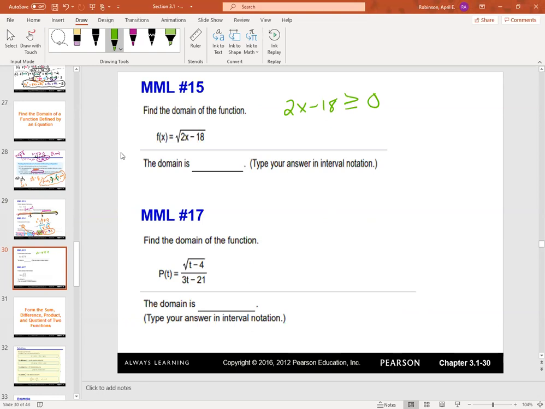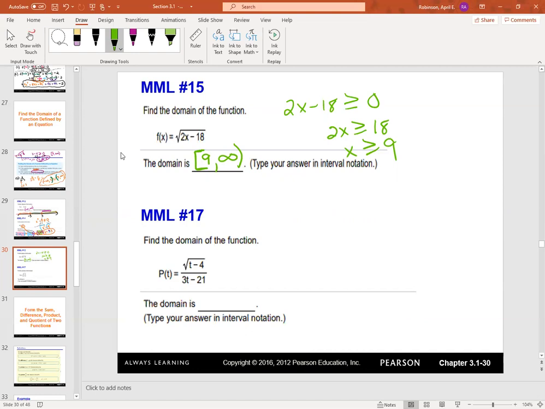So I would add 18 to both sides, divide by 2, which means x has to be greater than or equal to 9. So because it's an equal to, I would start with the bracket, put my 9, put a comma, and then go to infinity. And that's my answer.